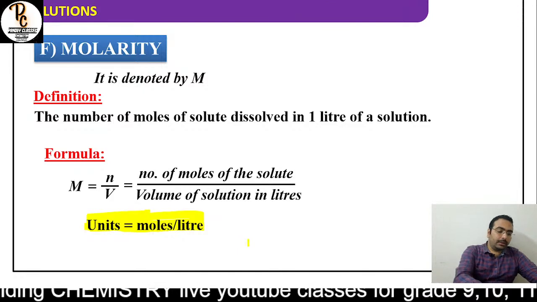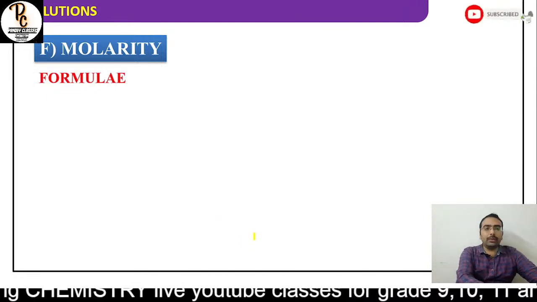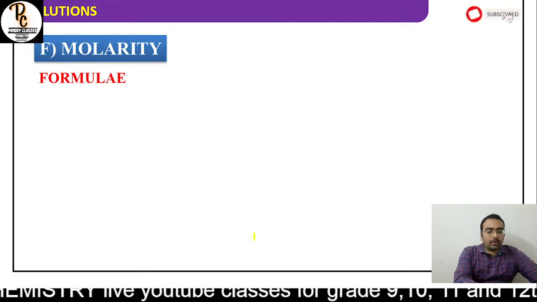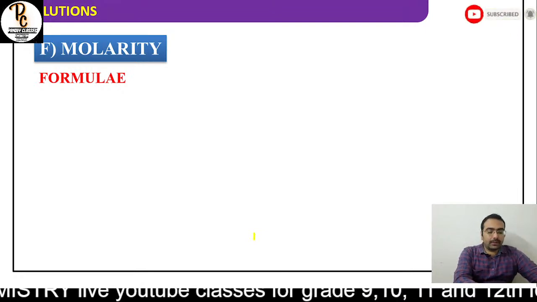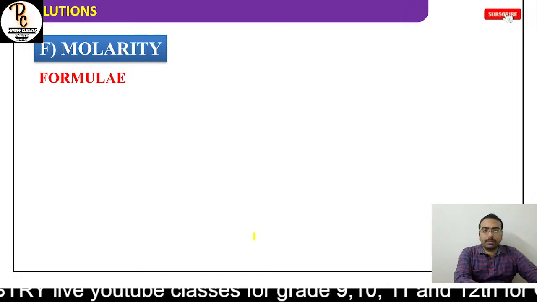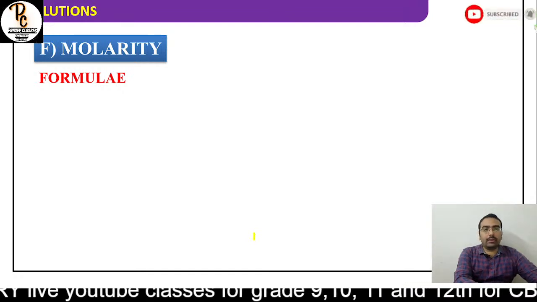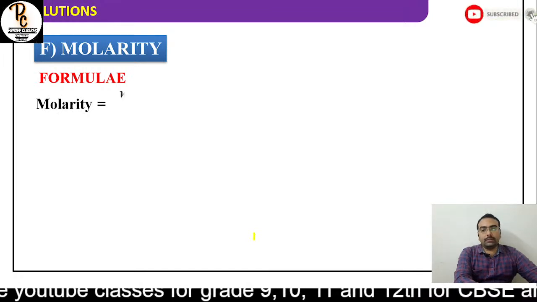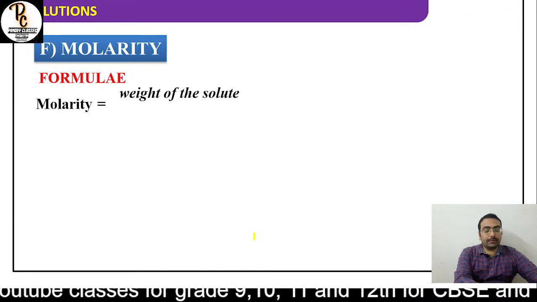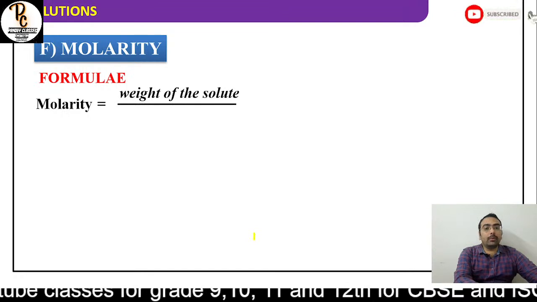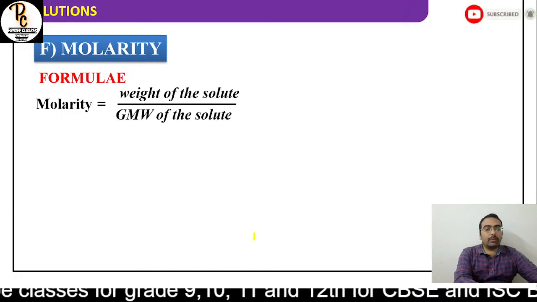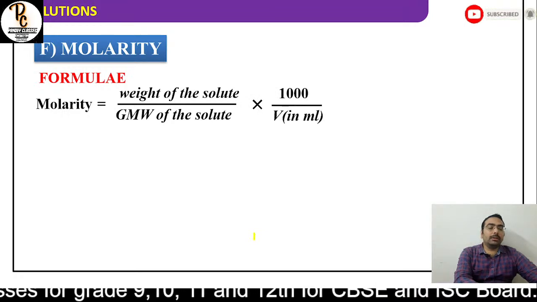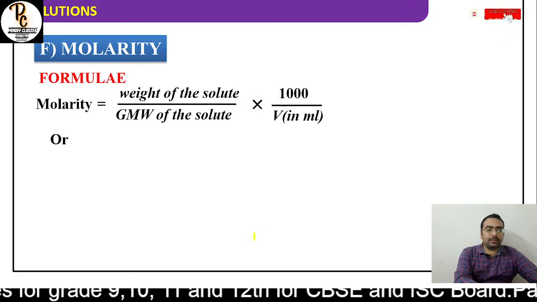Okay. Now further, how to derive this formula, because it's not always that the number of moles will be given to you. Sometimes mass or weight of substance is also given. So molarity equals weight of the solute upon the molar mass or gram molecular weight of the solute, into 1000 upon volume in liters.